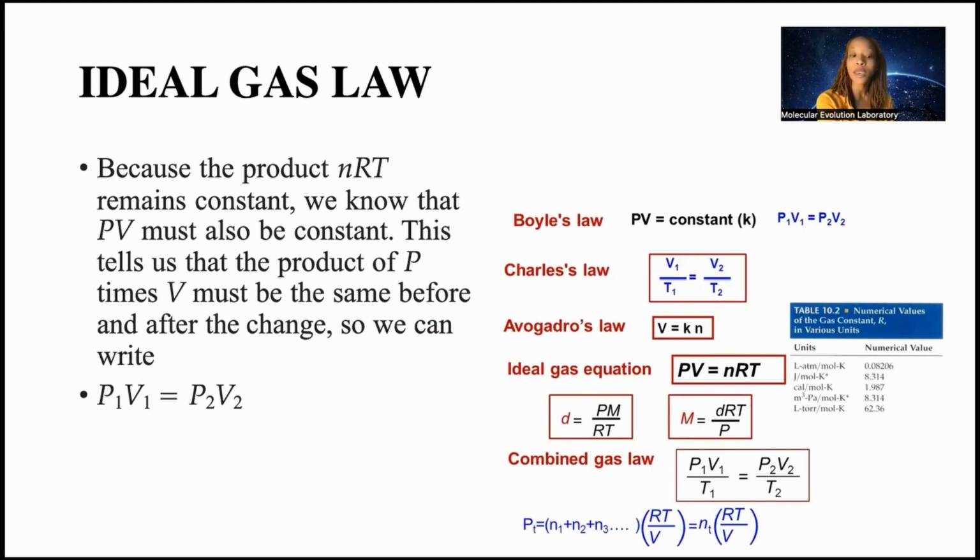So we can write P1 times V1 equals P2 times V2. We know this is Boyle's law. In Boyle's law, PV is constant, and the equation, as we've mentioned before, is P1 times V1 equals P2 times V2. So this states that there is an inverse relationship between pressure and volume.